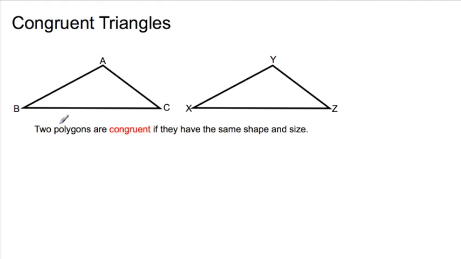triangles are identical. That means angle A matches up with angle Y, angle B matches up with angle X, and angle C matches up with angle Z. Also, we can see that the side length AB is the same as XY, or YX.